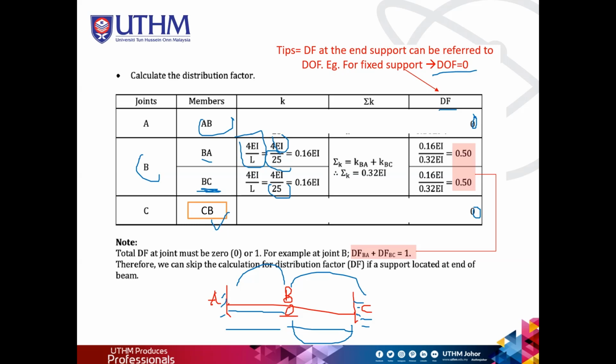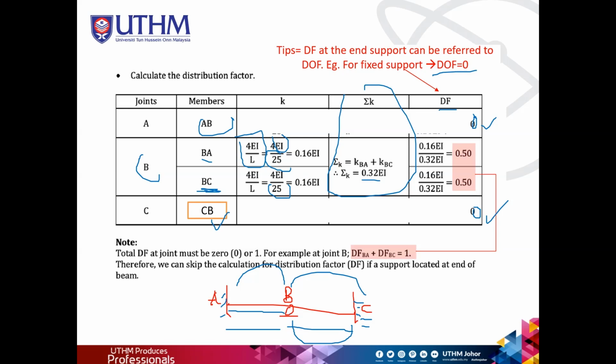For the column of total K, K is the total stiffness. So every joint will have a total K. For joint A and C, we don't have it because the distribution factor is 0. So we just have joint B, where the total K is 0.6 plus 0.6.